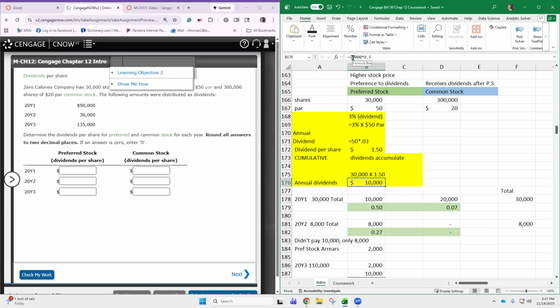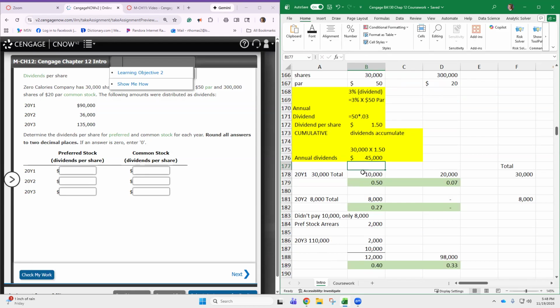So every year, this company has agreed to guarantee $1.50 in dividends to every shareholder. So that calculates to a guaranteed annual dividend to preferred only of 45 grand. Is everybody with me? Okay, how'd I get there?